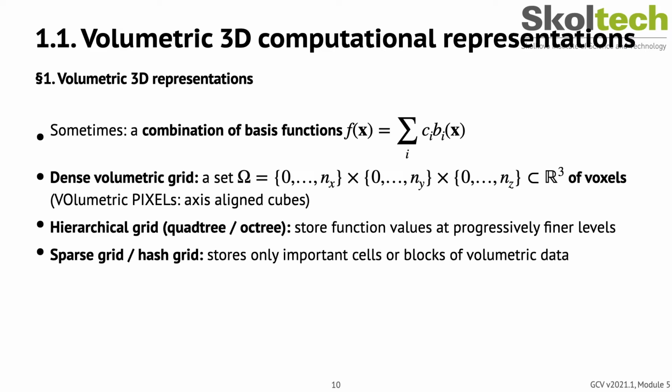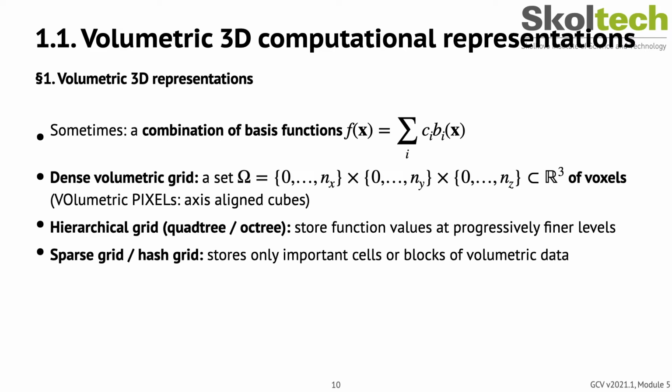However, typically in practice, and we will look into that today and further in the tutorial part, you will be representing volumetric modalities such as occupancy map or SDFs using a dense volumetric grid, which is basically a 3D tensor of voxels or volumetric pixels that are basically axis-aligned cubes.